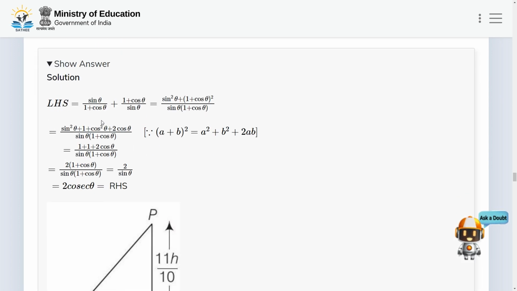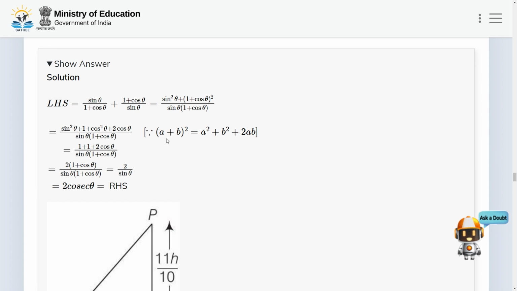In this question, left hand side is equal to sin theta by 1 plus cos theta plus 1 plus cos theta by sin theta. Now if we simplify it, we will get sin square theta plus 1 plus cos theta whole square divided by sin theta times 1 plus cos theta.